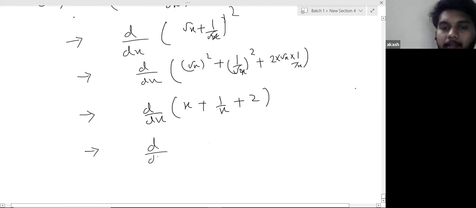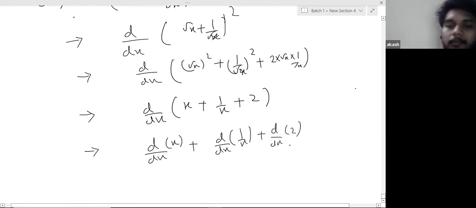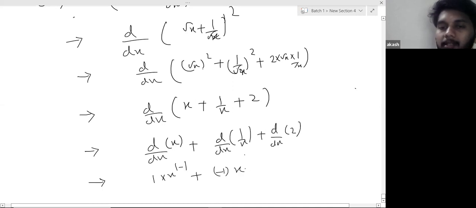Now we can break this into 3 parts. Differentiation of x, this is x raised to the power 1, so 1 into x raised to the power 1 minus 1. Differentiating 1 upon x gives minus 1 into x raised to the power minus 2, plus differentiation of any constant, which is 0.